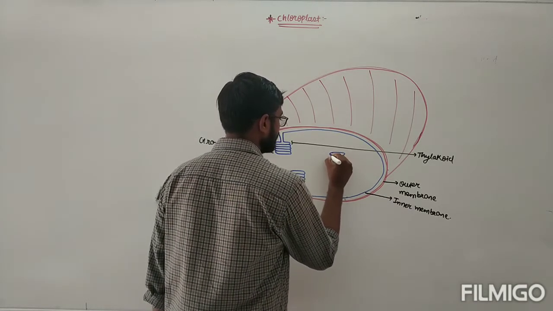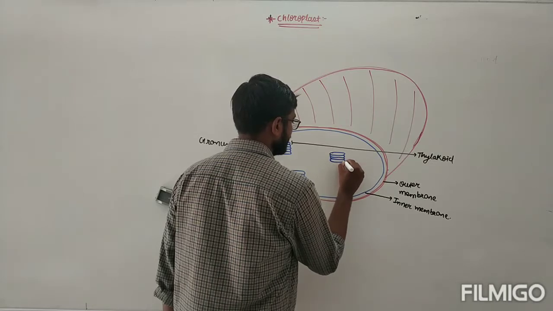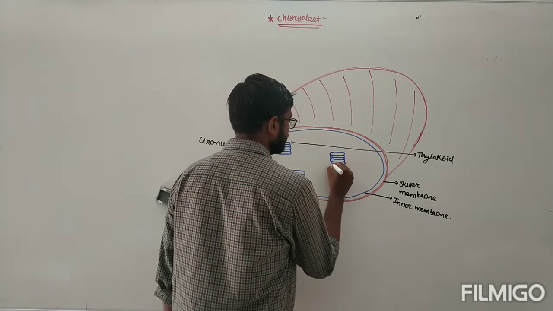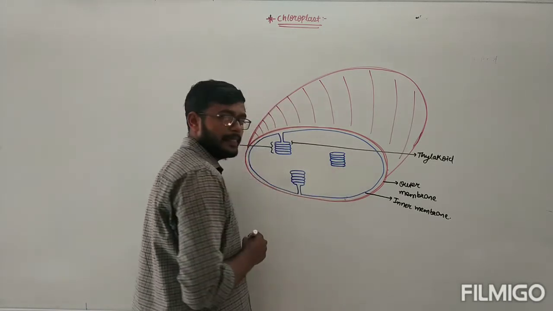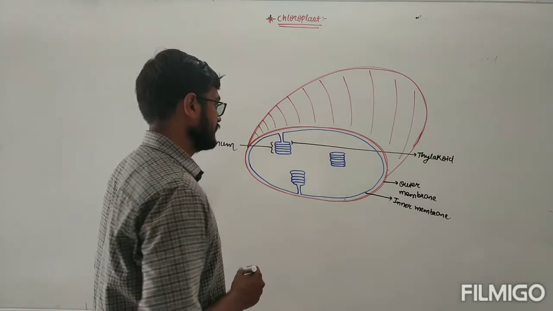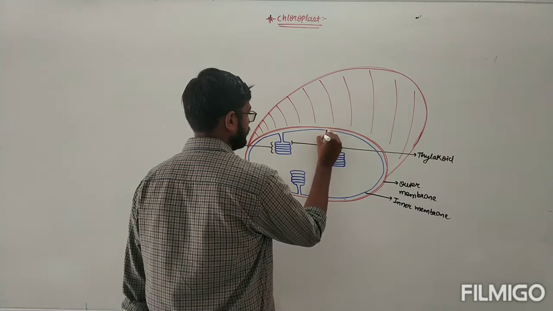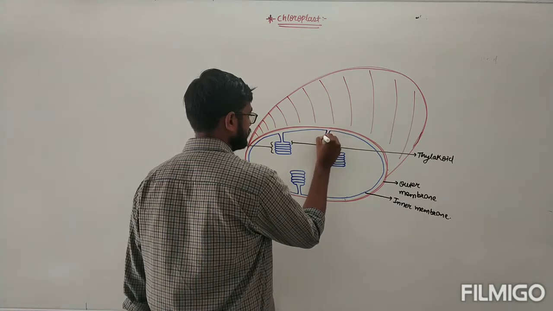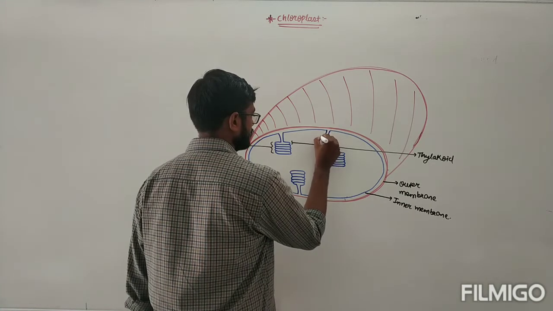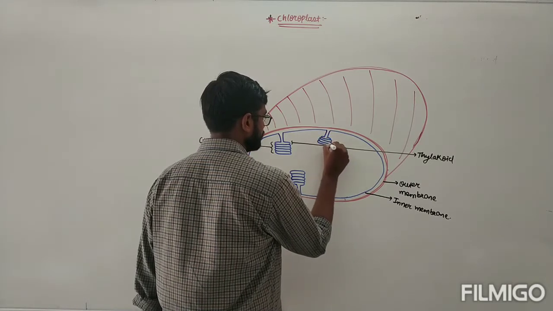A large number of grana are present, not only a single granum, and each granum has different kinds of functions within it. So these are all the portions of granum.